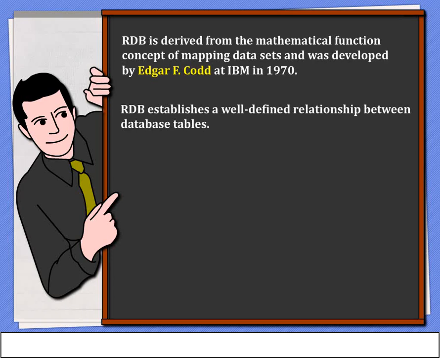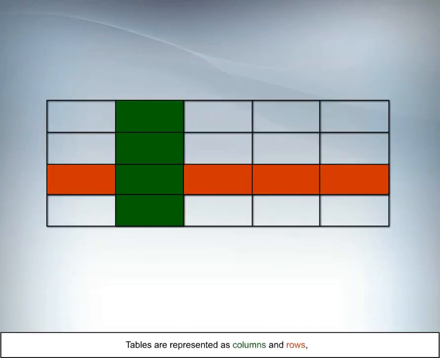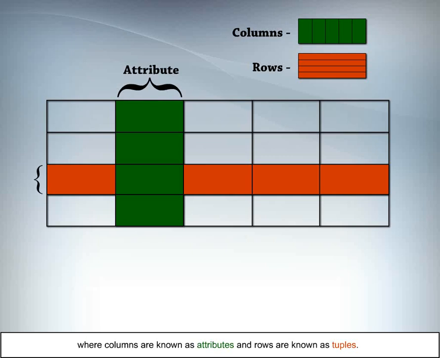RDB establishes a well-defined relationship between database tables. Tables are represented as columns and rows, where columns are known as attributes and rows are known as tuples.